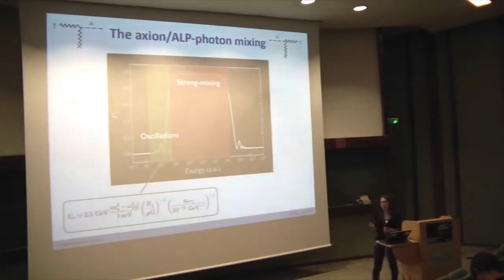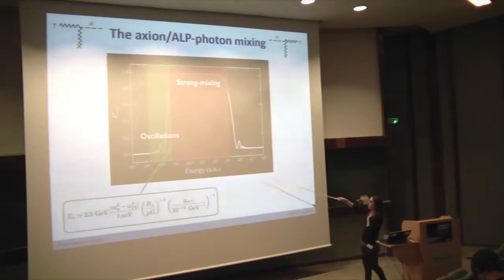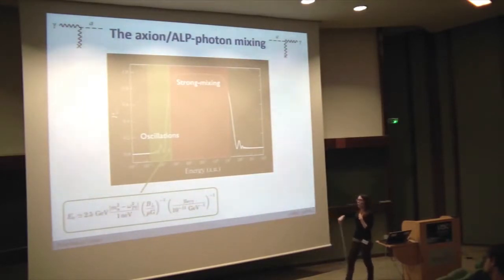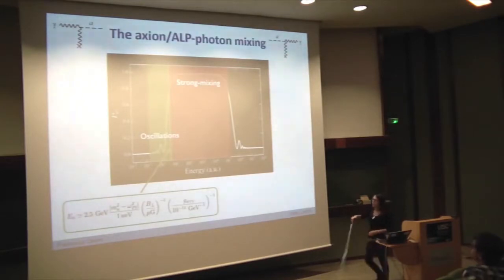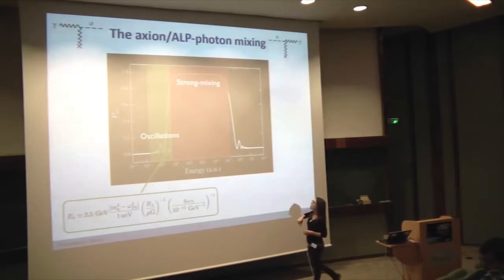Just to see it in an easier way, here is the probability of conversion as a function of energy in arbitrary units. You can see the critical energy, which is reparameterized in terms of the different terms that matter: the coupling, the transversal B field, and the axion mass.